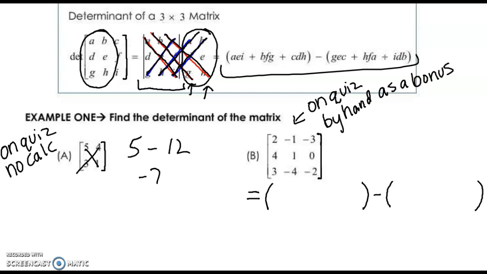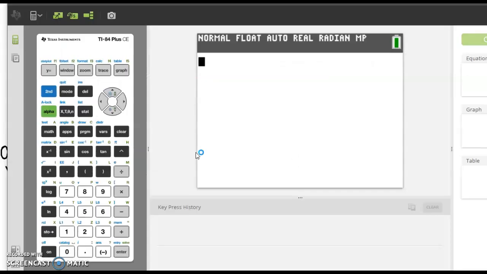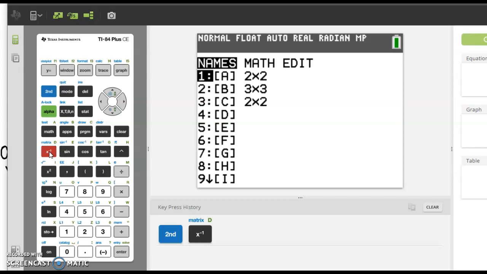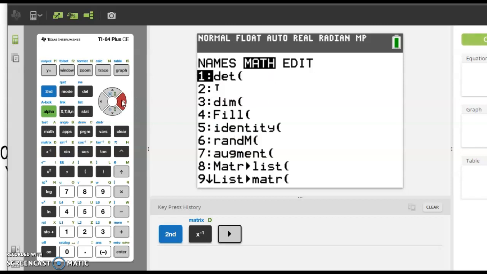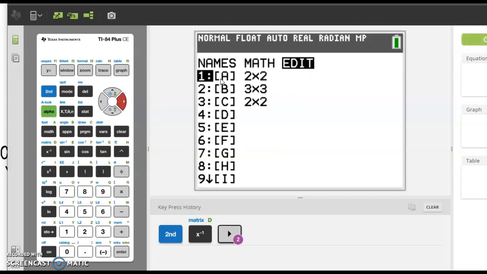Now, let me flip my screen here and come over to the TI-84. If you press second and then the inverse button, which is this x to the -1, it says matrix in blue right above it. You can go over, and we have to first edit the 2 by 2. So I'm selecting the first one.